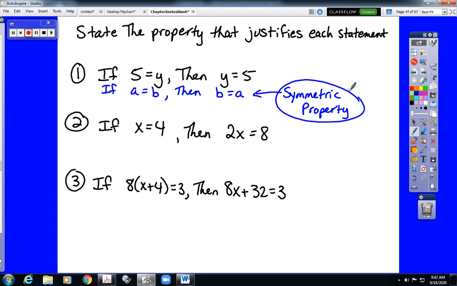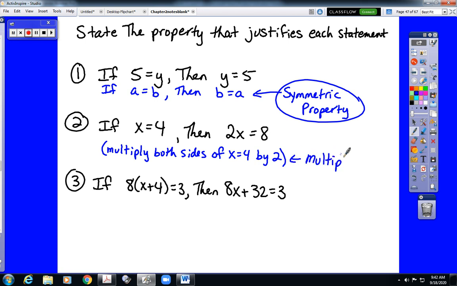Okay, in number 2, we have to ask ourselves what is happening to x equals 4 to turn it into 2x equals 8. And what's happening is we're multiplying both sides by 2. That gives us our 2x equals 8, which means that this is the multiplication property.